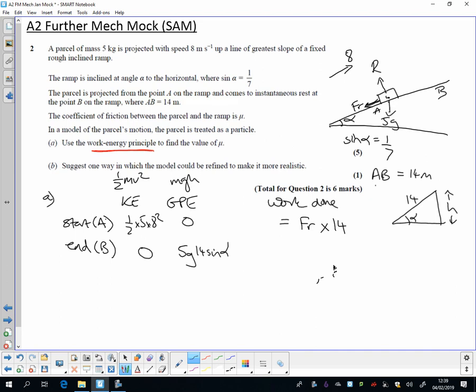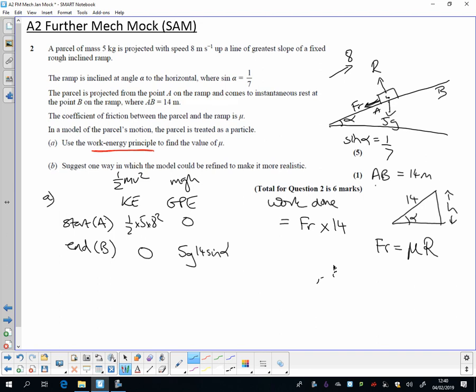Okay, so we obviously are going to need a little bit more information here, because we need to find out what friction is. Now, friction has been overcome, so it must be at its maximum, and the maximum friction is mu times r.